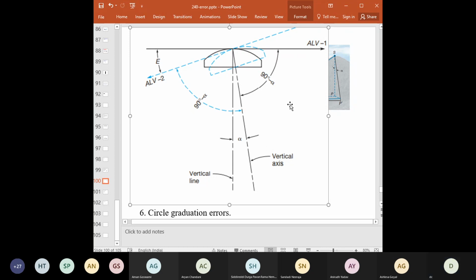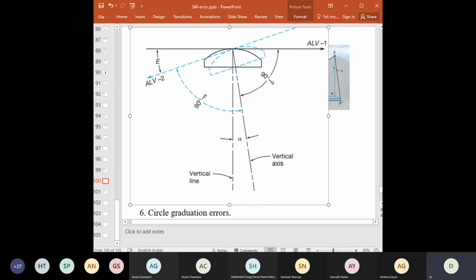So the blue dotted line is not actually falling in the horizontal surface, with the telescope initially pointing to the right, and the bubble being centered. The axis of the level vial should be horizontal, as indicated by the bold line, not the dotted line, ALV1, this one.